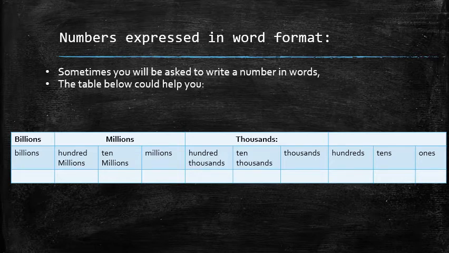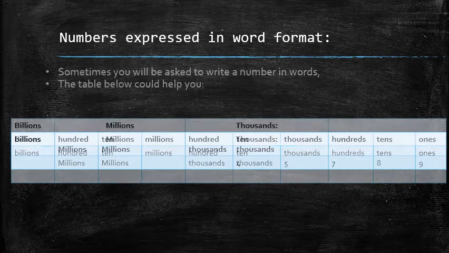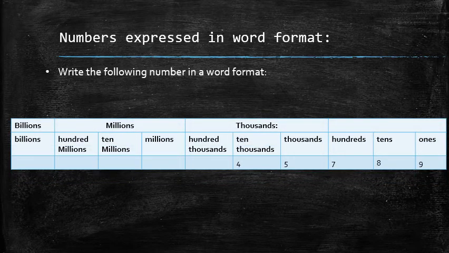So what you'll see here is it goes from ones to tens to hundreds, thousands, 10,000s, and so on. So what we do is we can redraw this table to answer the question. So if we look at something like this, write the following number in a word format, and then the number is 4, 5, 7, 8, 9.